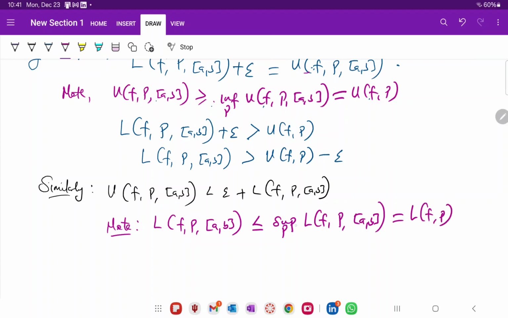So if we substitute this here, we have to be very careful of the inequality. We have U of f, P on a, b less than the lower Riemann sum plus epsilon.